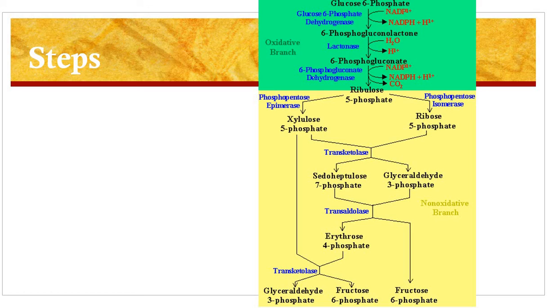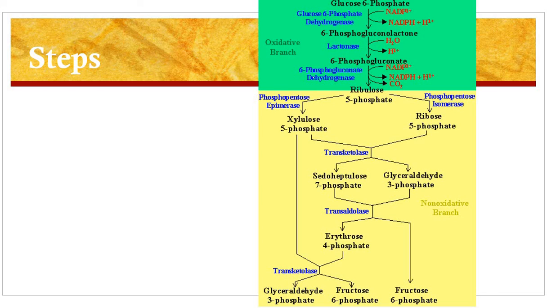Now in summary, suppose 6 molecules of glucose enter this pathway. Then the first carbon atom of all 6 glucose molecules is removed as 6 molecules of carbon dioxide in this oxidative pathway, and this is equivalent to the complete oxidation of 1 molecule of glucose.